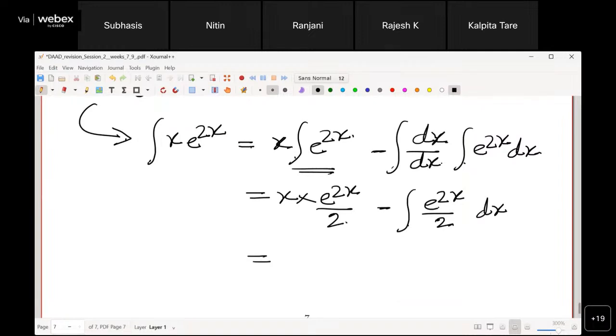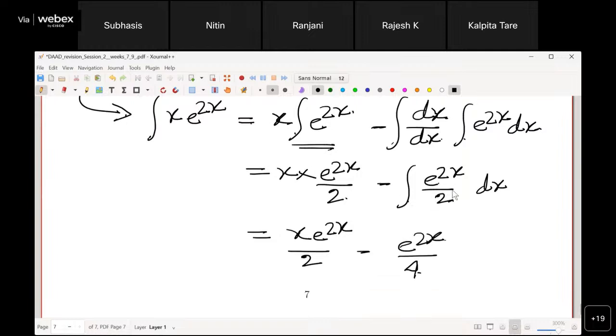So this is x e power 2x by 2 minus, if I integrate, e to the power 2x by 4, right? Because if I take the half out and integrate e power 2x, then again I get e power 2x by 2, so you multiply the 2 in the denominator twice and get 4.